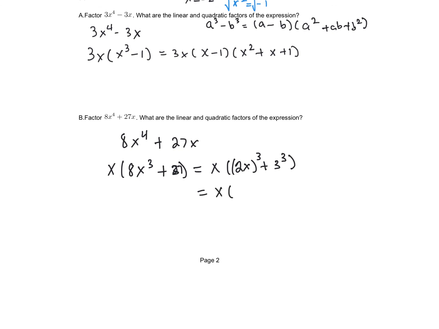So it's x times 2x plus 3. Then you're going to have 2x squared, which is 4x squared. You're going to get 2x and 3 multiplied. It's going to be minus 6x plus 3 squared, which is 9. So this is a linear factor, quadratic factor, linear factor, linear factor.